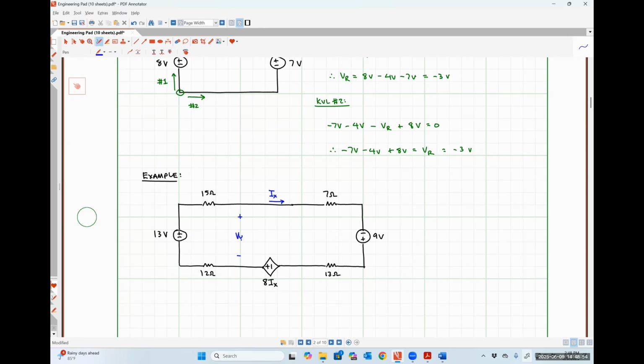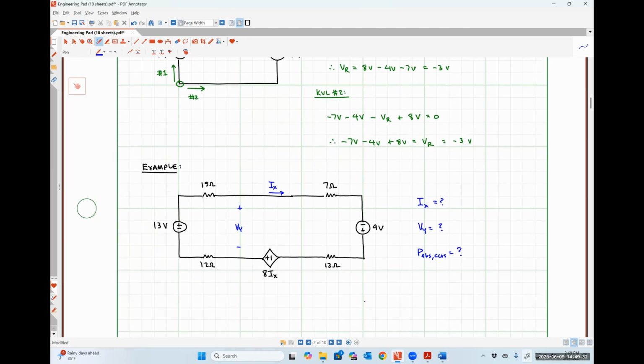And what I want us to find is the value of the current IX, the value of the voltage Vy, and then the power, let's say, absorbed by the current controlled voltage source. Okay. So those are the 3 pieces of information that I'm interested in.